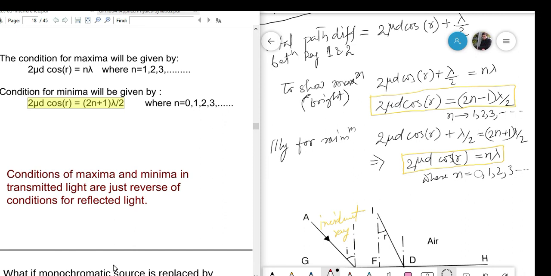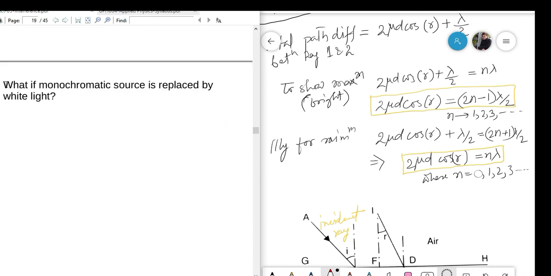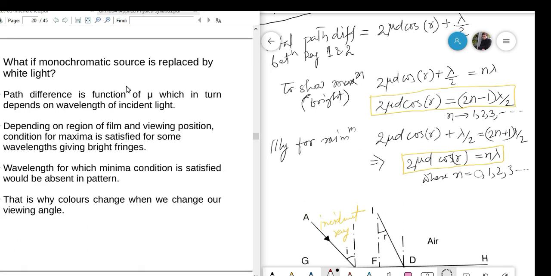So now going back to this, what if the monochromatic source is replaced by white light? Let's say we are looking at the interference due to the reflected light. So there is a source which is not monochromatic, let's say it's a white light, so lots of wavelengths are there. When that light falls on a parallel thin film and gets reflected from the thin film, what will we see? Again, the refractive index and the thickness of the film are fixed. It's not going to change.